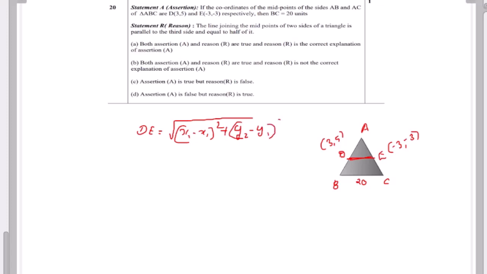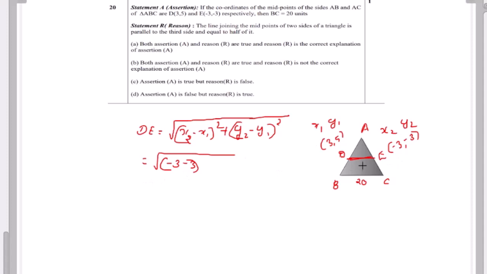This is the formula for finding the distance between two points. So DE is the square root of, this one is x1, this is y1, this is x2 and y2.